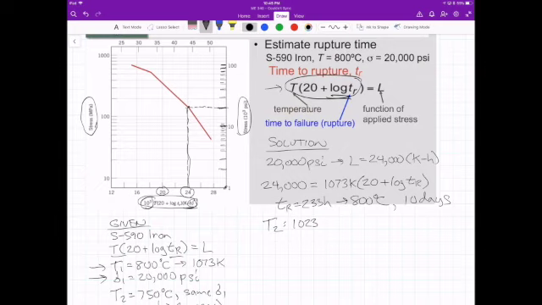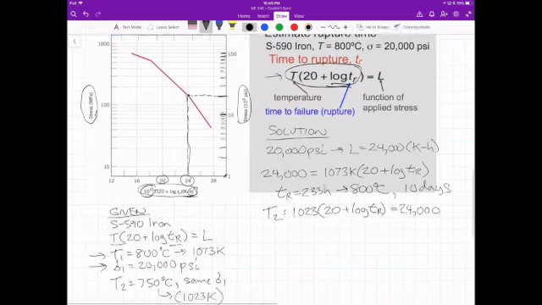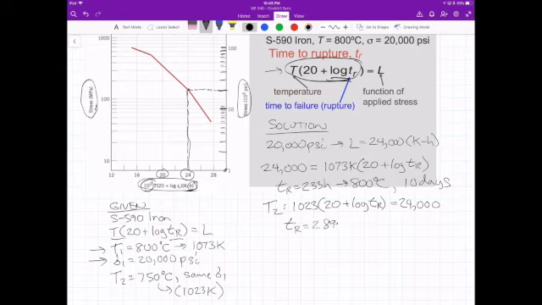So we put in our new temperature, times 20 plus the log of TR, still equals 24,000. I didn't change the stress. I recalculate, I get a TR of 2,890 hours, which is at 750 degrees C.